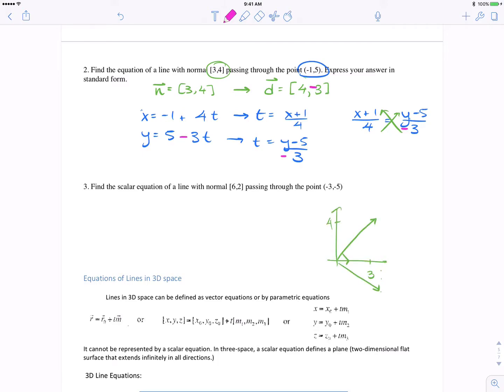Make sure when you're doing your normal vectors that you ensure that you're switching it. So 3, 4, make sure your sign is changing to 4, -3.